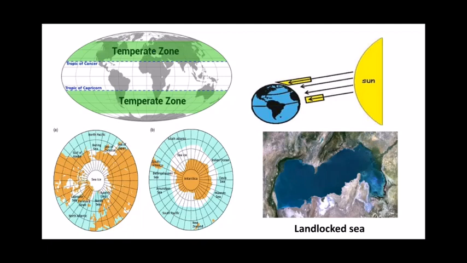Now, let's move on to the temperate zone, which is after the mid-latitudinal zones. In the temperate zones, the sun rays are slanting. You all can see in this picture. Therefore, the temperatures are lower than the mid-latitudinal regions. Because of the slanting sun rays, there is melting of the snow from that cold region.